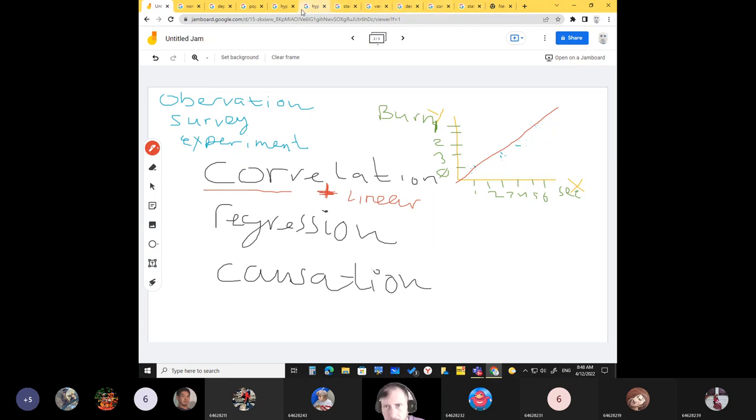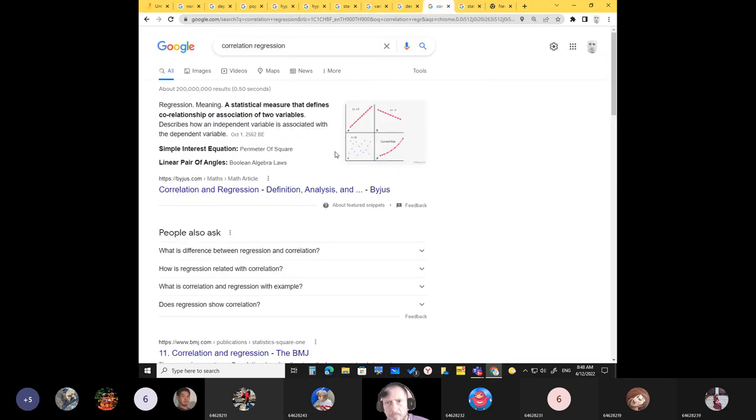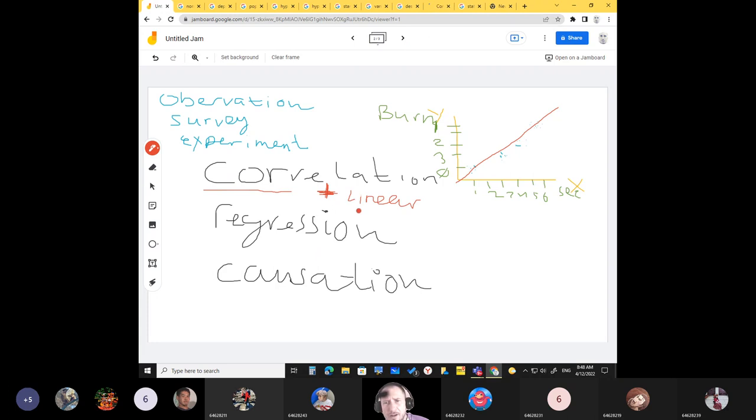Okay, let's look here. Just a second. Okay, so regression. Regression shows us the strength of the relationship, right?